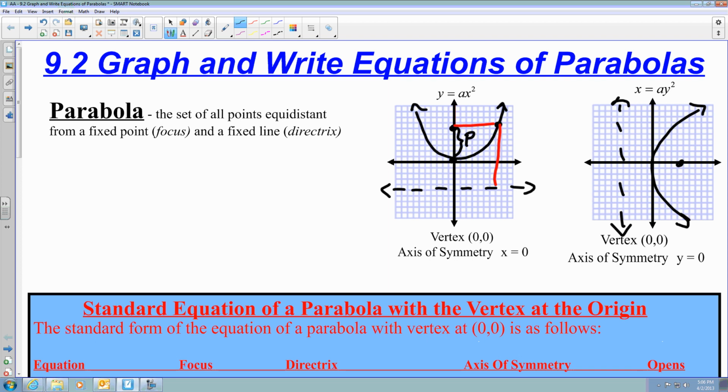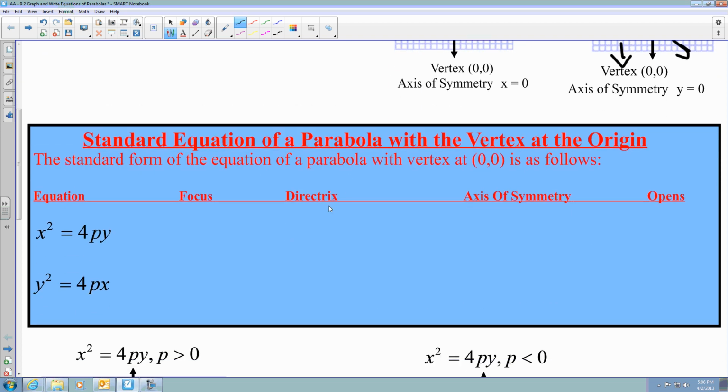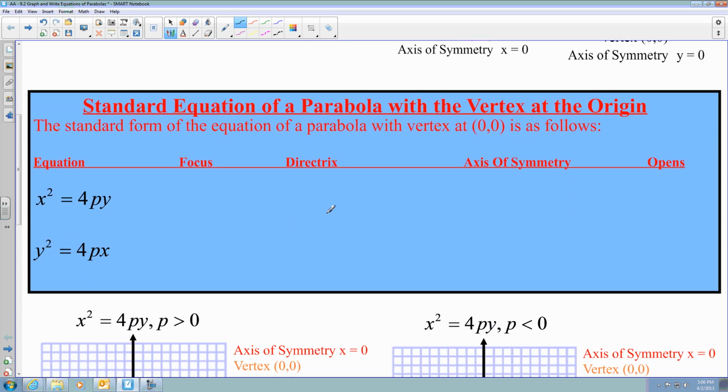Okay? So if I look in this box here where I have standard equations of a parabola with the vertex at the origin, they're denoted by two separate equations: x squared equals 4py and y squared equals 4px. What this will help us with is figuring out the locations of the focus and the directrix.